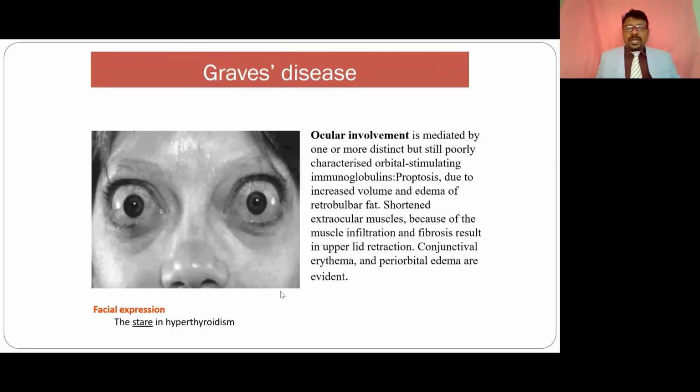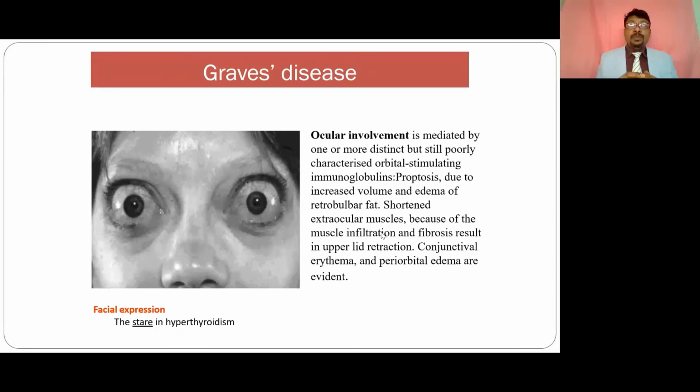There is also shortening of the extraocular muscles. The ocular muscles are going to be short, so because of the contraction the eyeballs protrude forward. The ocular muscles are the superior rectus, inferior rectus, medial rectus, lateral rectus, and the oblique muscles. These muscles help with eye movements.